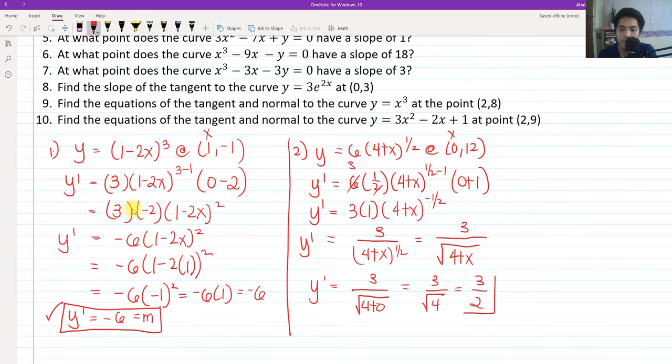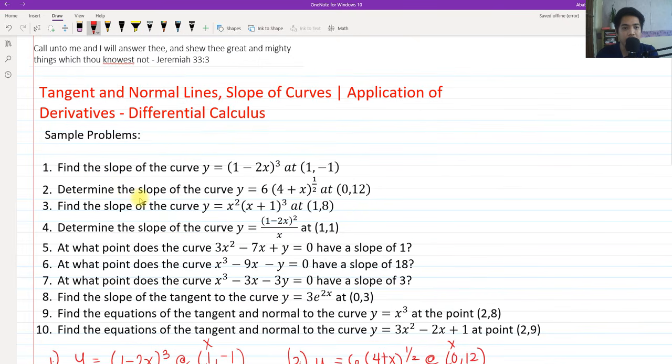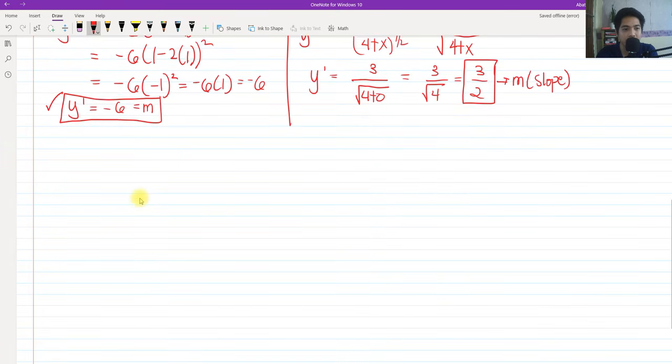So the slope of that curve at this point would be 3/2. This is the slope, because we are asked to find the slope. Number 3, find the slope of the curve y equals x squared multiplied by (x plus 1) cubed at 1/8. So we have number 3.